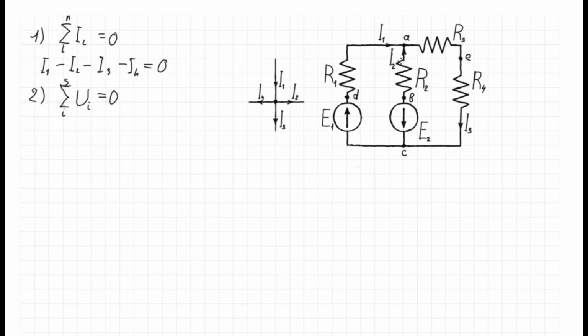An example for this circuit: if we get equations for nodes A and C of this circuit, for point or node A, the current flowing to the point and from the point. For the point C, similar currents and with inverse sign.